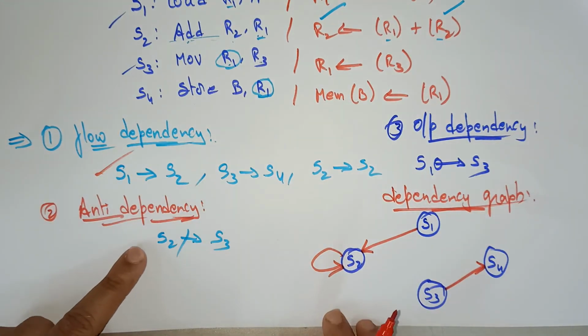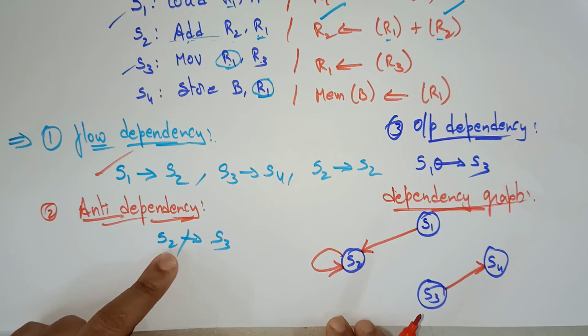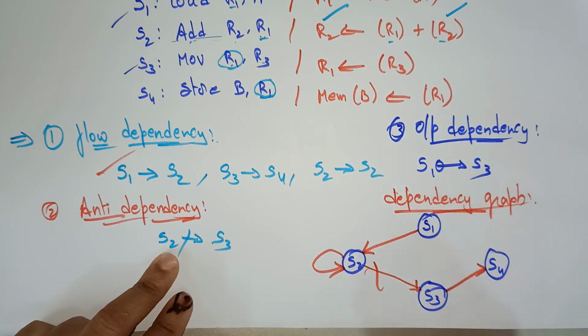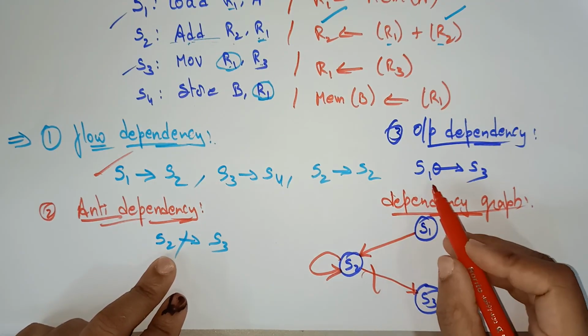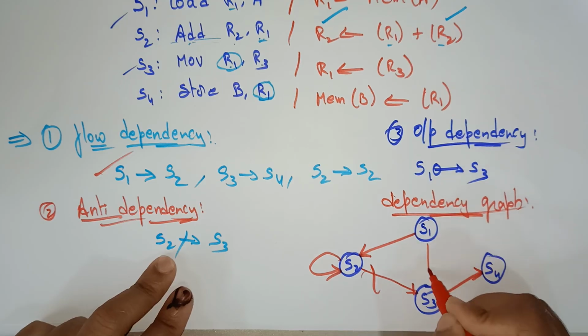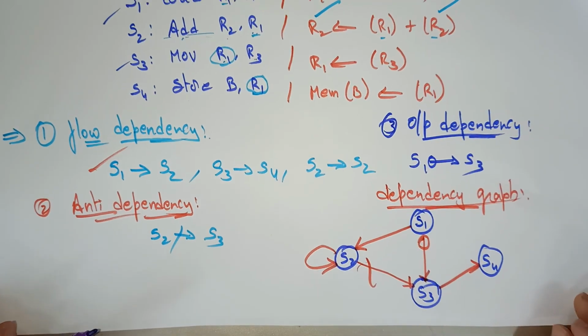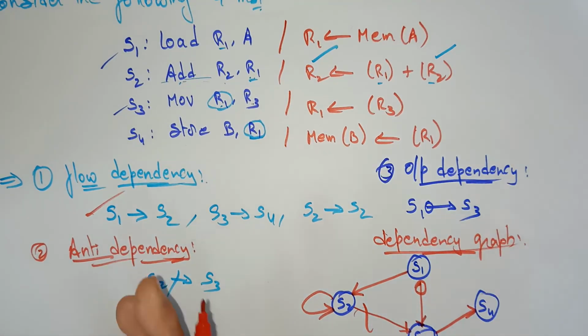Now let's check the second one, anti-dependency. S2 is anti-dependent on S3. Now coming to the output dependency, S1 is output dependent on S3. So this is how you have to represent the instructions in the dependency graph.